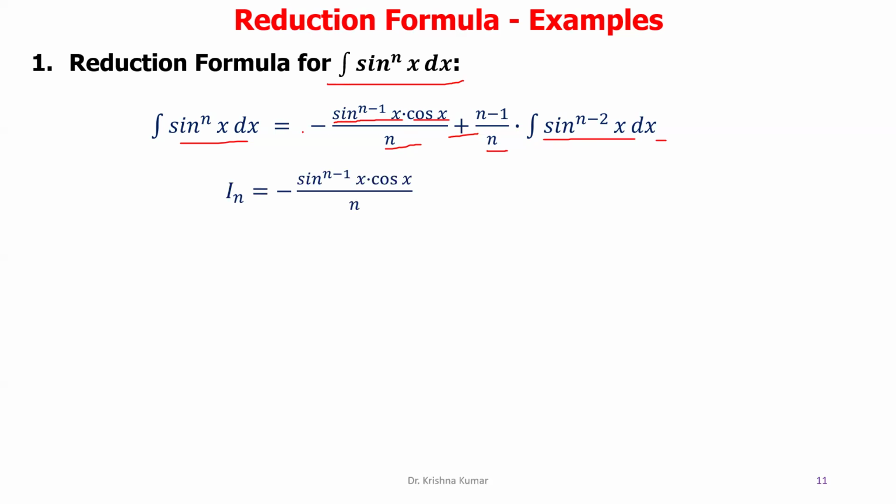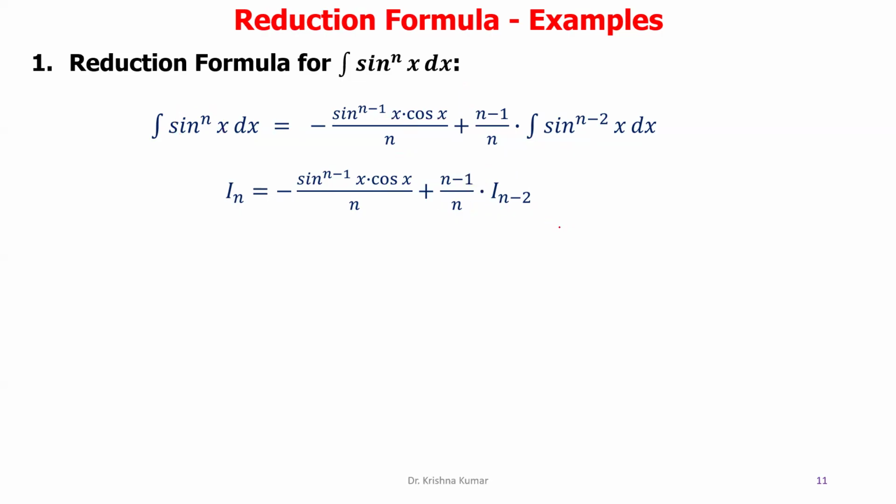This can be written as In equals minus sin^(n-1) x cos x over n, plus (n-1)/n times In-2. So now in this example, In is reduced to In-2.